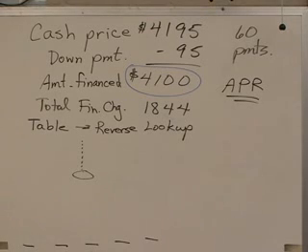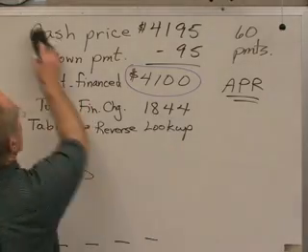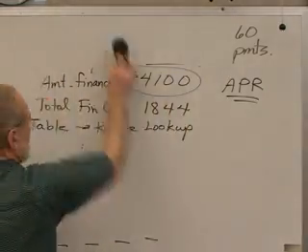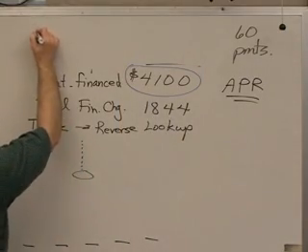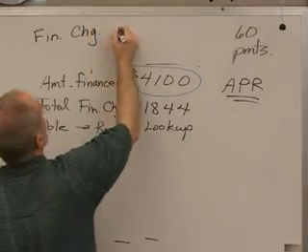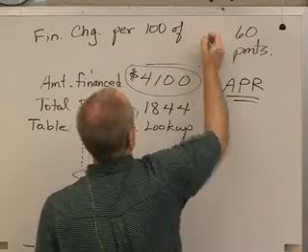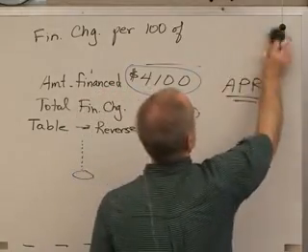If you look at that table that says the annual percentage rate table, up at the top you can see underneath those percents it says finance charge per $100 of amount financed. I'm just going to write those words and we can get the formula out of that.